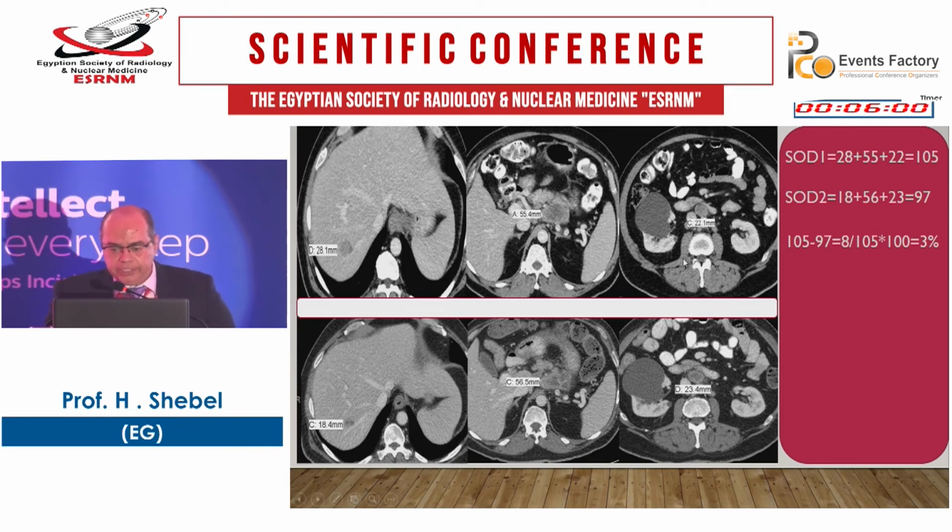Another example here, this is the case which we showed before. This is a pancreatic lesion, and we have a hepatic focal lesion, and the lymph node. So we have 3 target lesions. In this study, SOD1 in the basal study is 105 millimeters, and SOD2 equals 79 millimeters, and the difference is just about 3%.